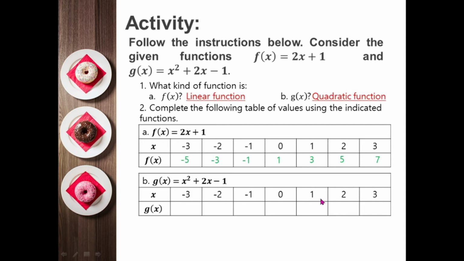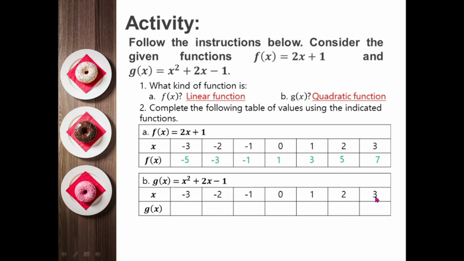If our x is 1, what would be our g of x? 2. Very good. If our x is 2, what would be our g of x? Yes, we have 7.